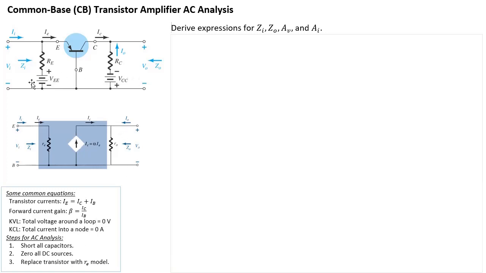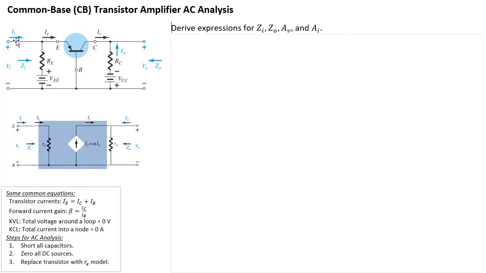There are two DC sources here, VEE and VCC. You turn them into 0 volts, which means each is effectively just a piece of wire. And finally, you replace the transistor with the re model for a common base transistor.